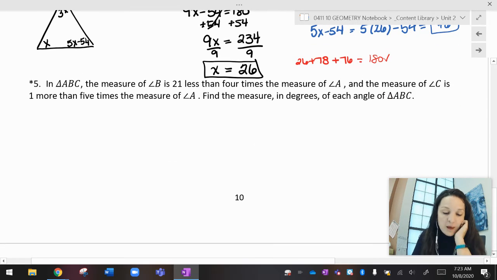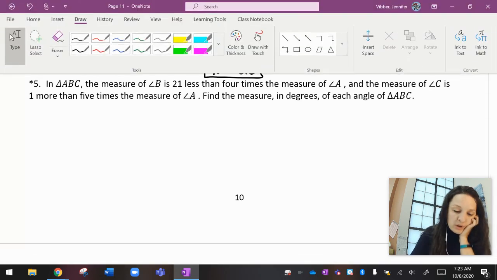All right, number 5. In triangle ABC, the measure of B is 21 less than 4 times the measure of A, and C is 1 more than 5 times the measure of A. Find the measure in degrees of each angle. Whew, we can do it.